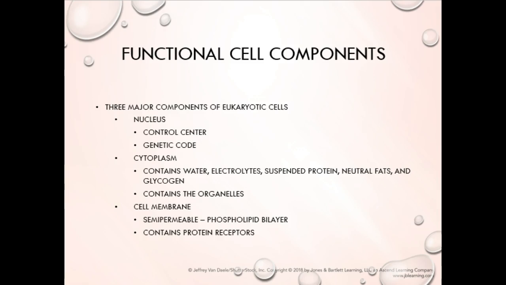So if you need to make more hair, the genes in that area create the strand of proteins that will create that hair, okay? Any of the structure of the body we're going to get from the DNA that is in the nucleus. So not only does it create the genes that tells our body what it's going to look like and how we're going to act, it also holds all the codes for all the structural proteins of the body. So make note of that, okay?